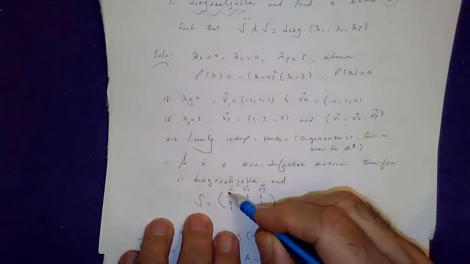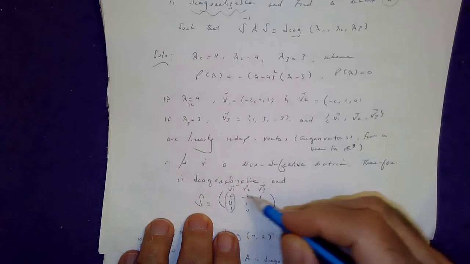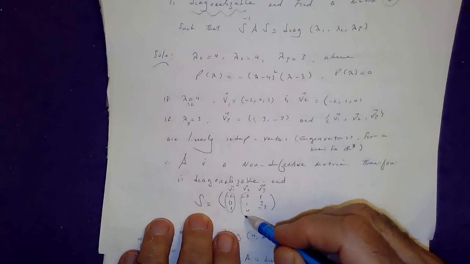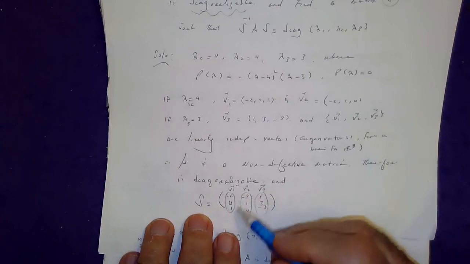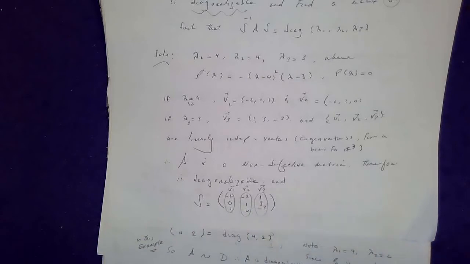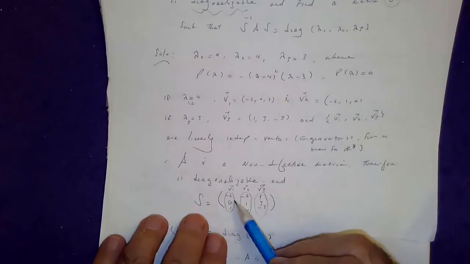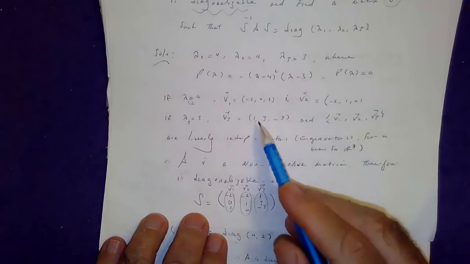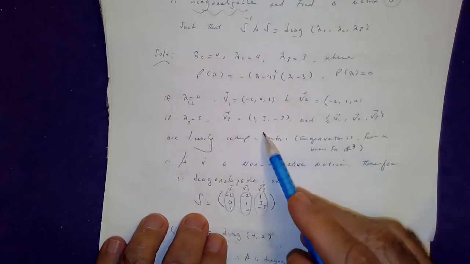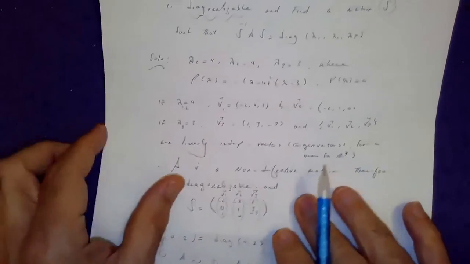You just list the linearly independent eigenvectors for matrix A in each column of matrix S, just like so. V1, V2, V3. There they are.